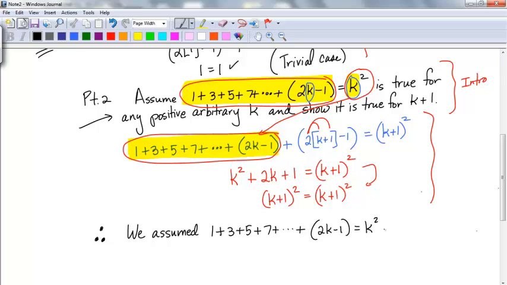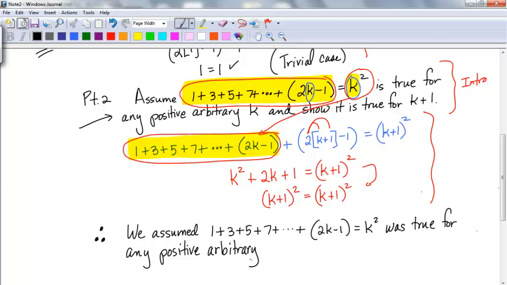Here's your English coming in. Past tense. Assume that was true for any positive arbitrary k.